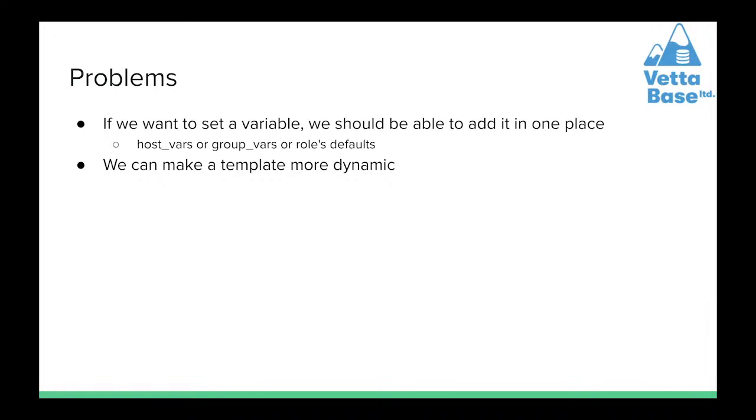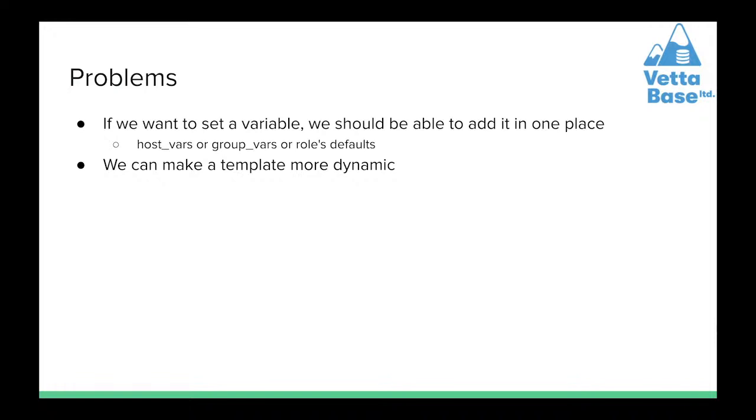But there are some problems. If we want to set a variable, it would be better to be able to add it in only one place, which could be host vars or group vars. And also, the template written in this way is not really dynamic, right?